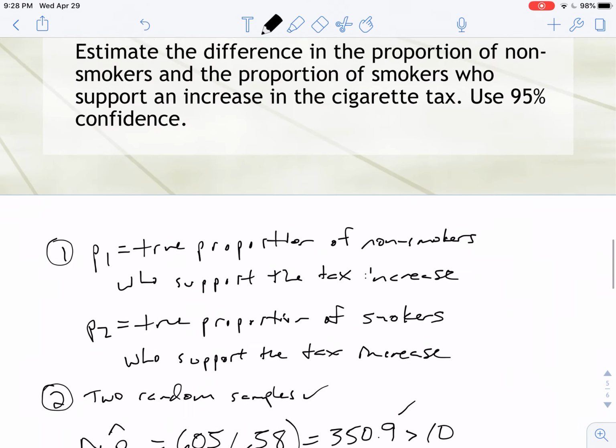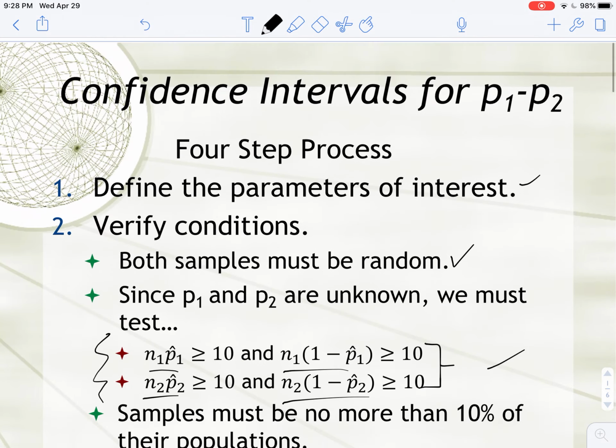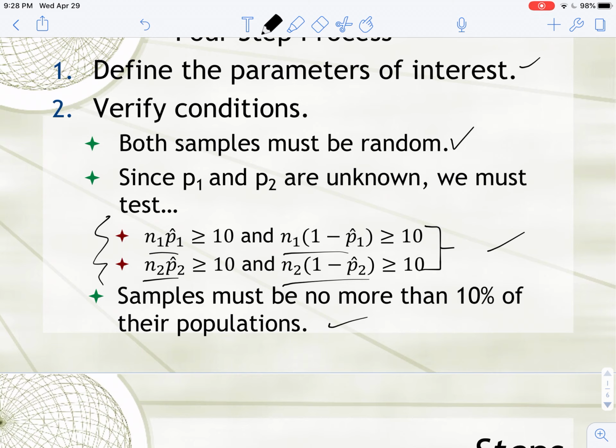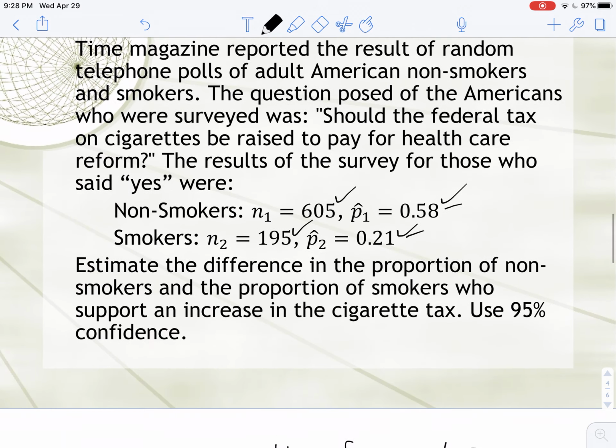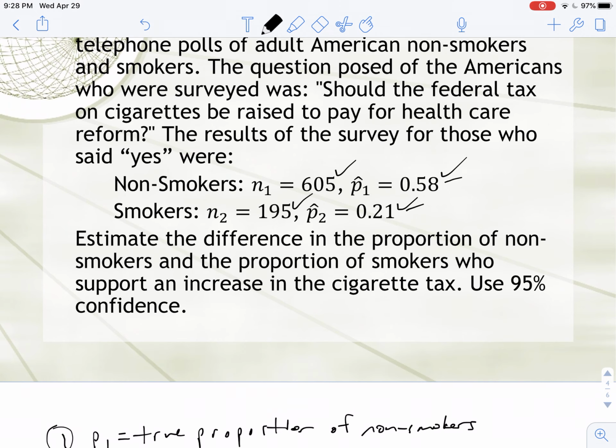Okay, so then the last condition is that we want our samples to be no more than 10% of their populations. So one way I think about that is if I take my 2 sample sizes and multiply them by 10, if it's reasonable to conclude that the population is more than the sample size times 10, that condition will be met.